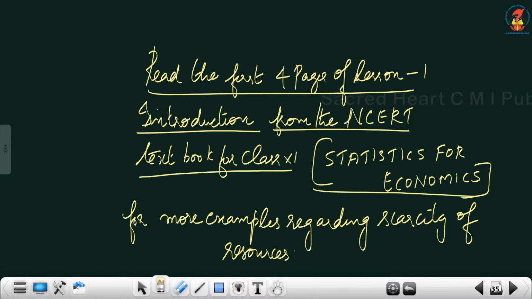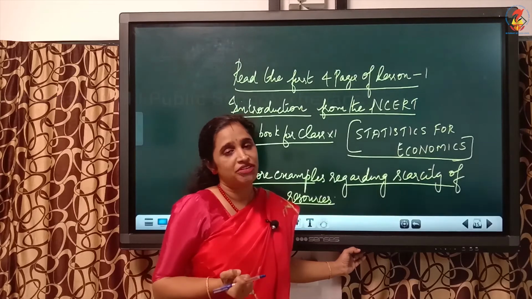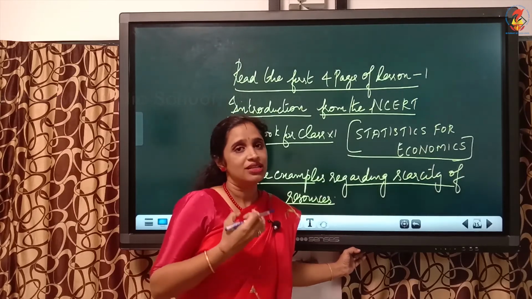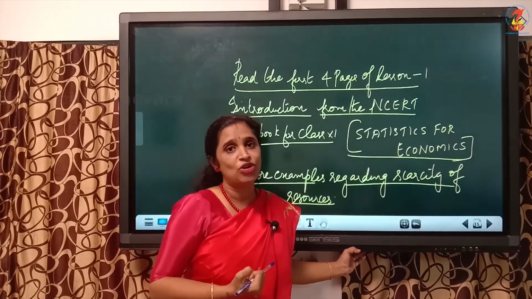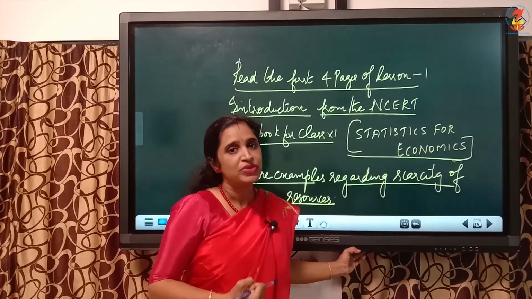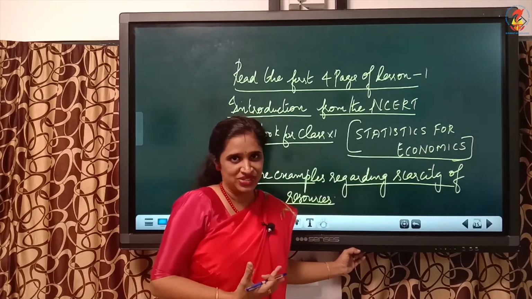The name of the textbook is Statistics for Economics, for more examples regarding the scarcity of resources. In these first 4 pages, it is fully about the definitions given by the economists such as Alfred Marshall, Samuelson and Lionel Robbins regarding economics, and more examples regarding scarcity of resources.